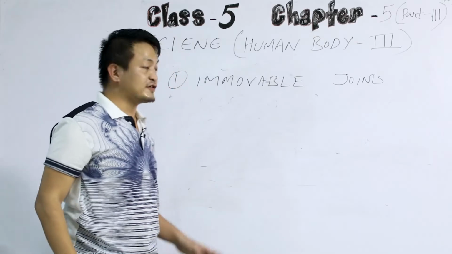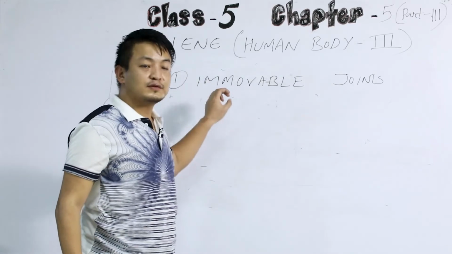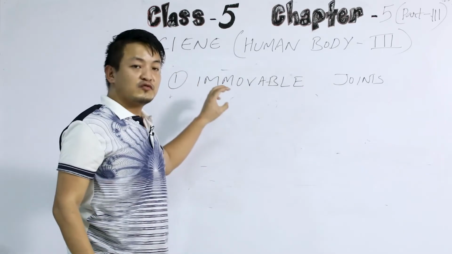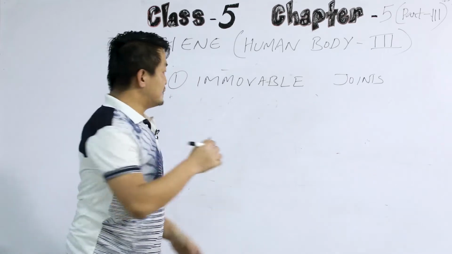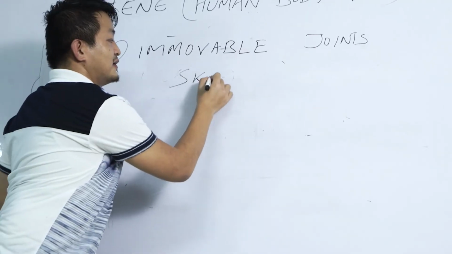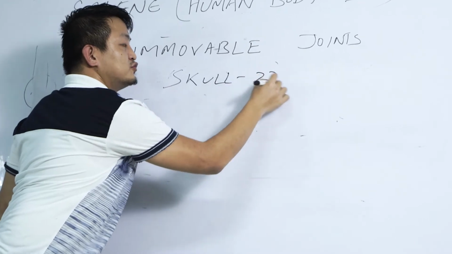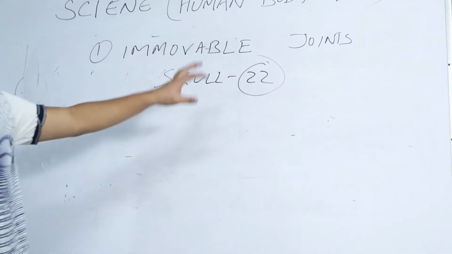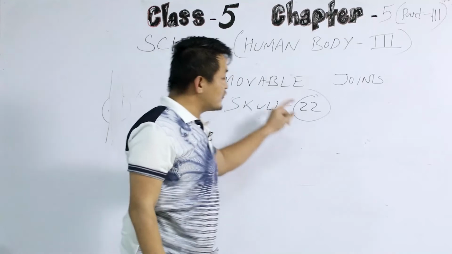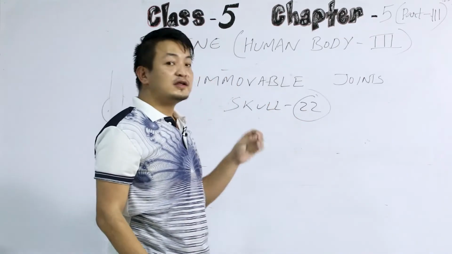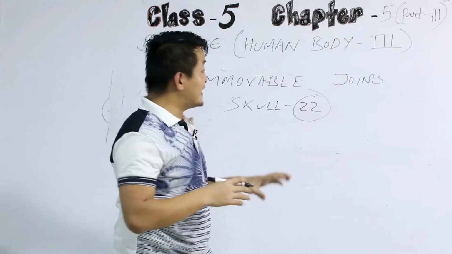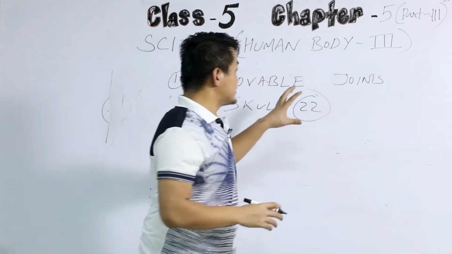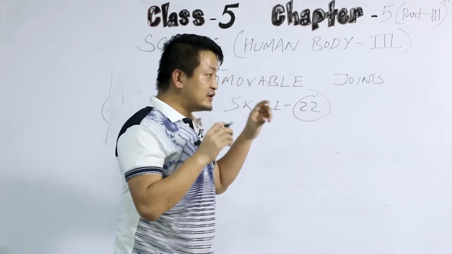So dear students, the first type of joints is immovable joints. Why is it immovable? Because, as I discussed about the bones in the skull, we have 22 bones. Out of these 22 bones, only the lower jaw is movable, and the rest of the bones are interlocked.